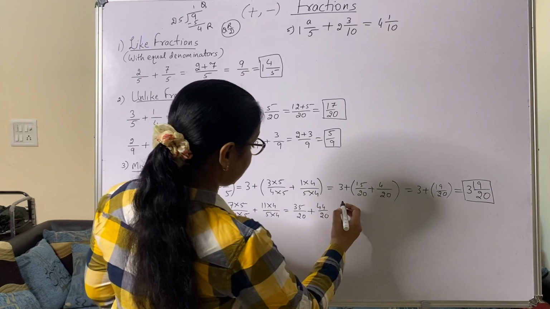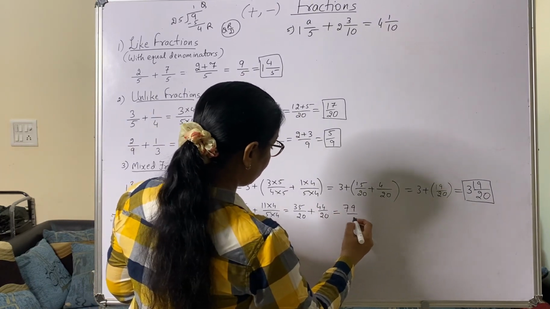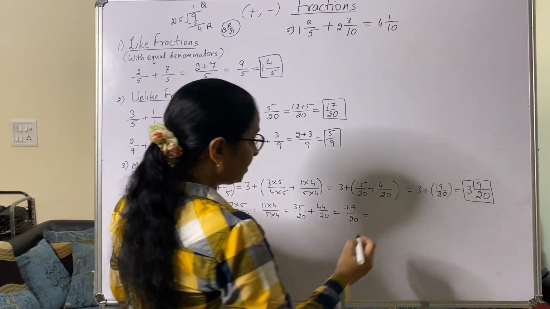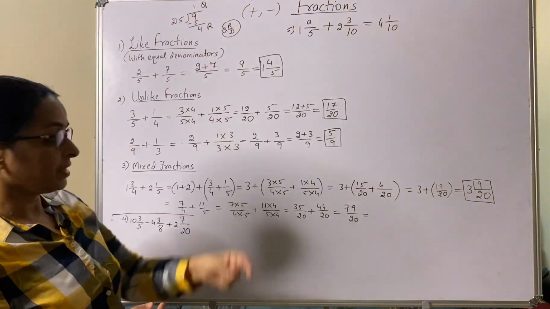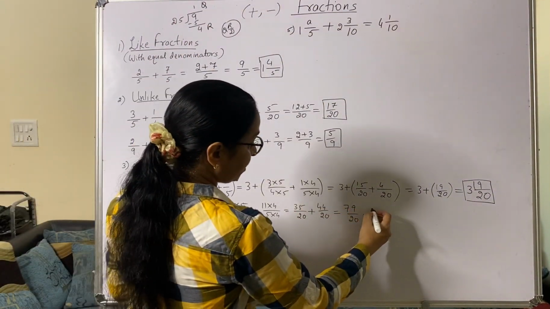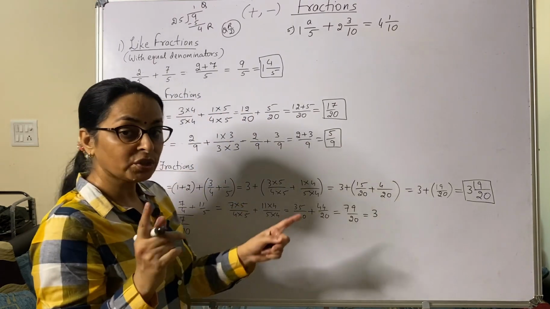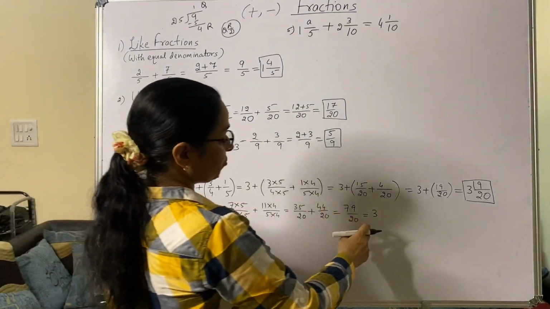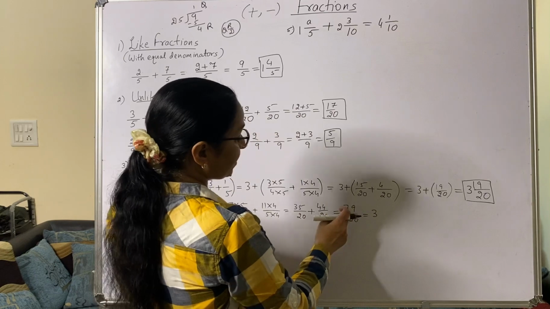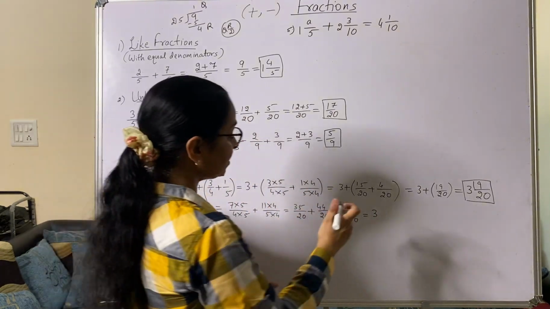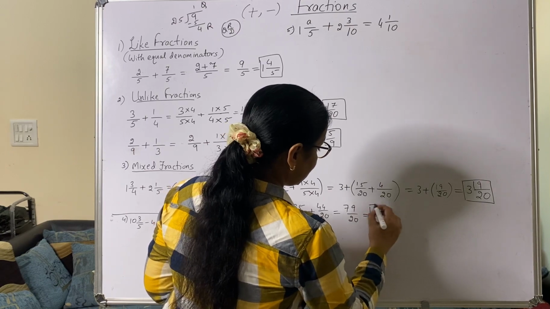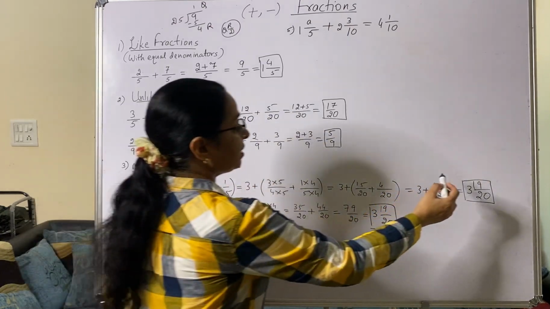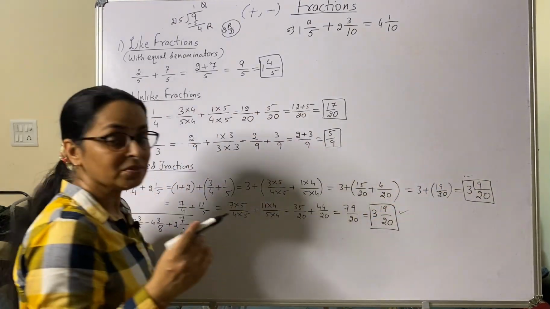It's 79, so 79 over 20. Now we have to do q r by d form again. 2 3s are 60, 2 4s are 80, so 2 3s are 60 and then 79 minus 60 is 19. So 3 19 by 20.